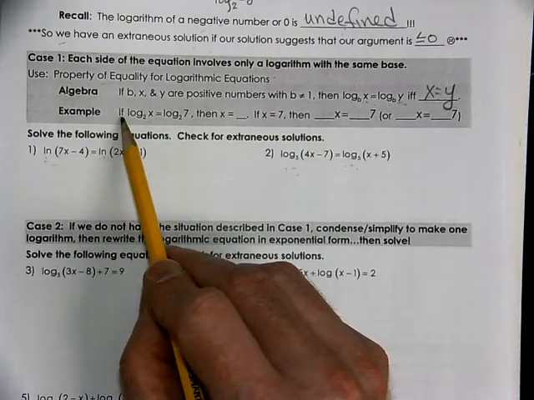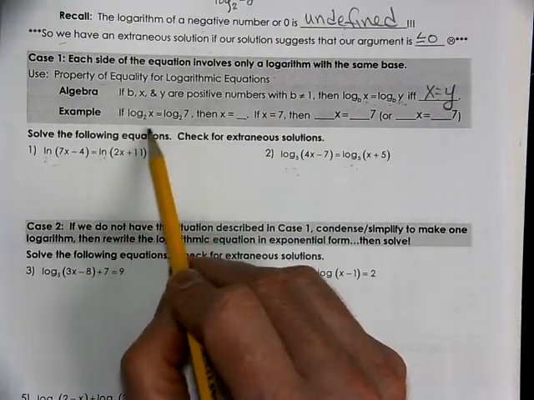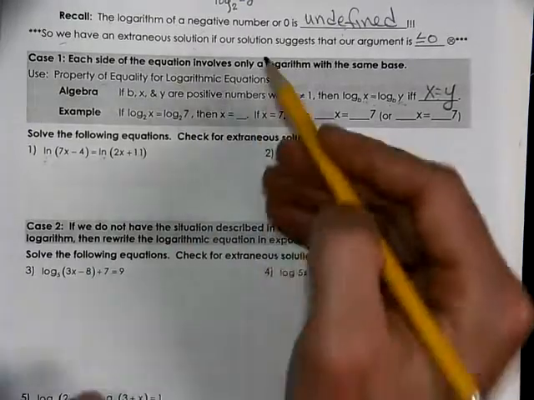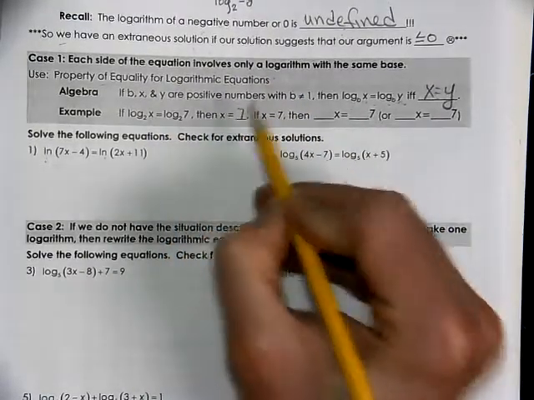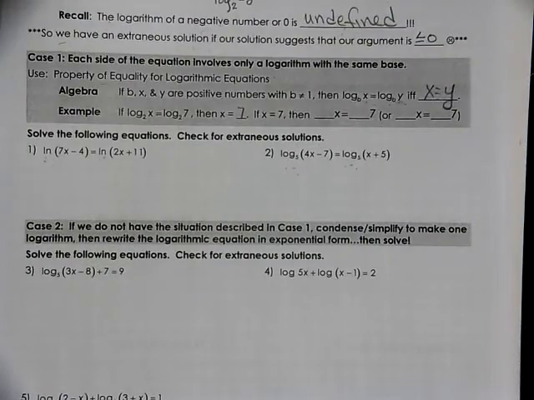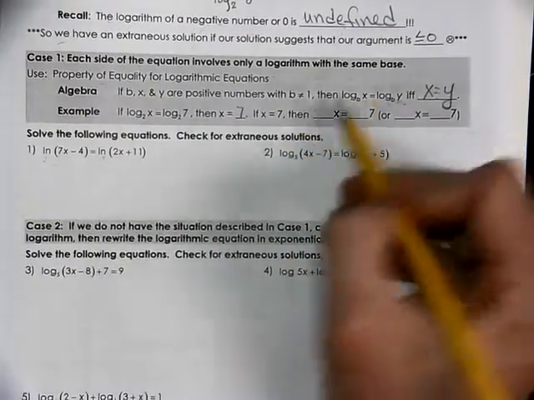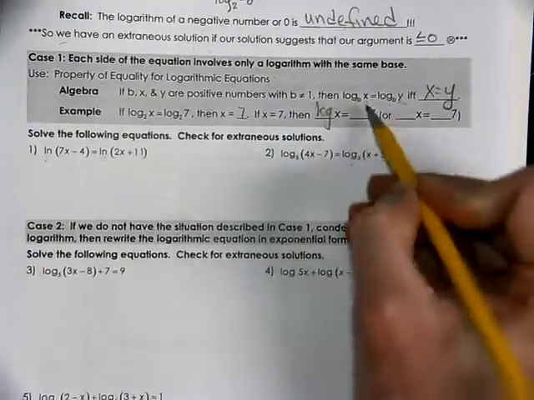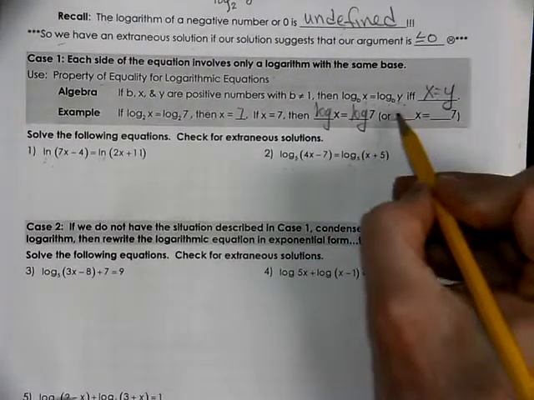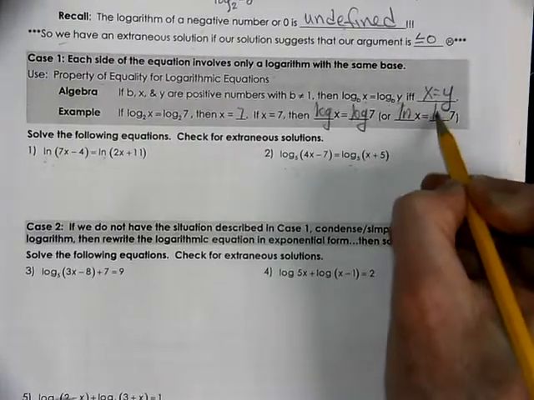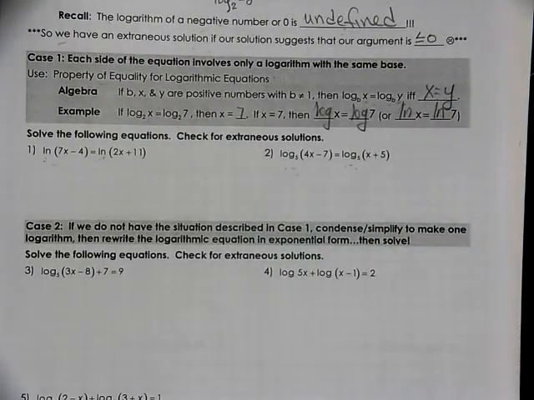So with numbers, if log base 2 of x equals log base 2 of 7, then the x has to equal 7.